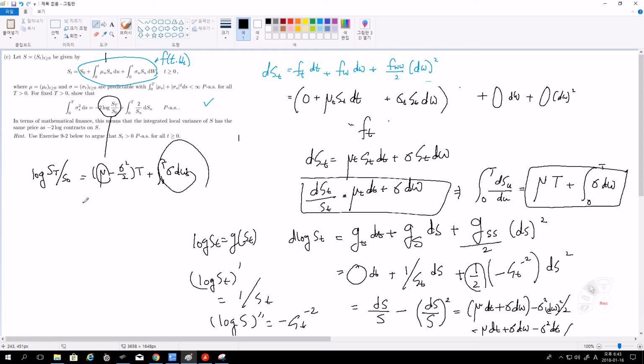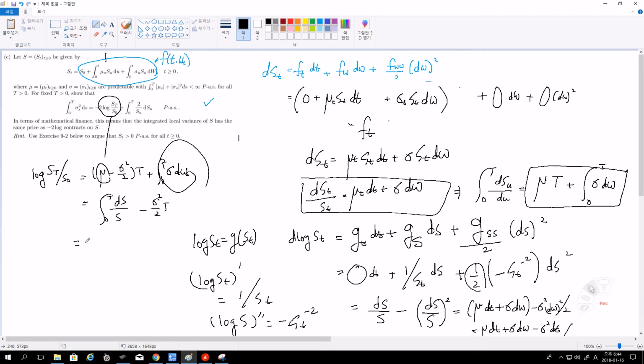So here it is basically the integral of S_s minus, for simplicity I am assuming sigma is constant, but basically this is the integration of this part.